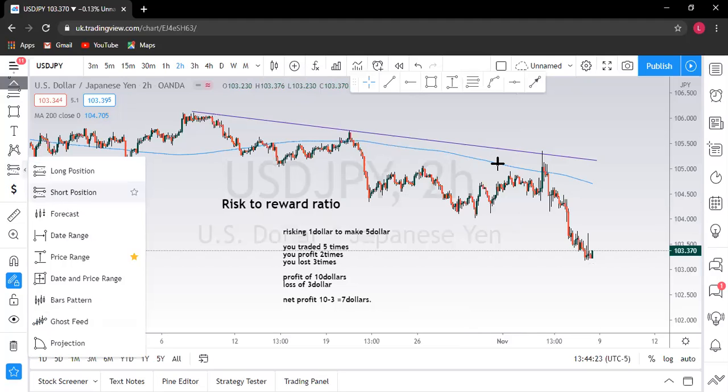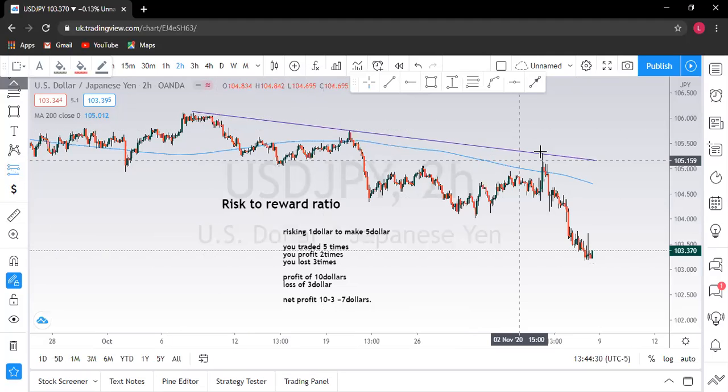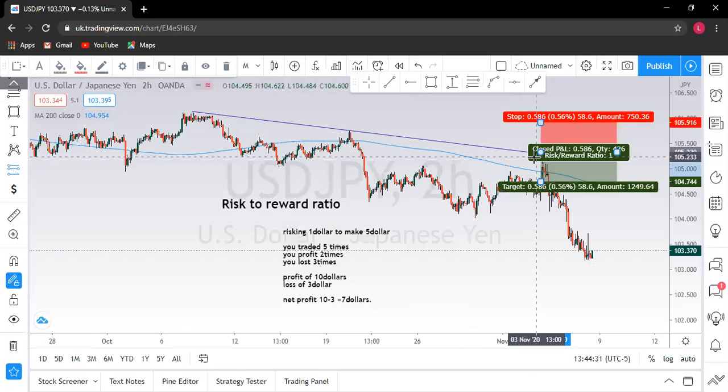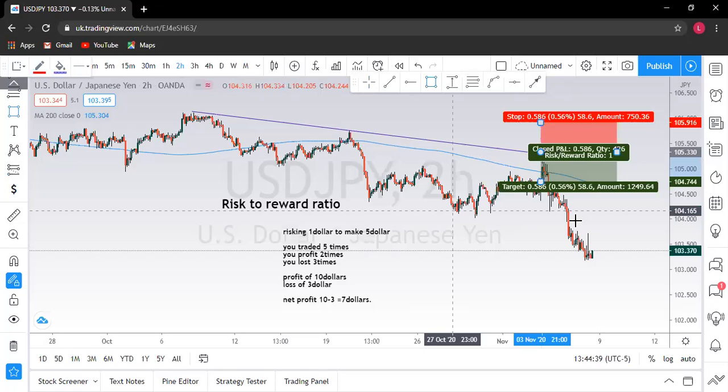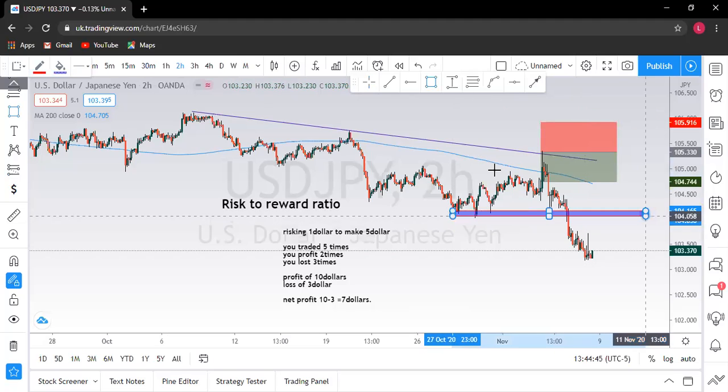So let's assume you want to sell here because you have a trend line that is acting as resistance, and you want to make your profit back to the nearest support or key level, which is this place. That is where you want to make your first take profit.